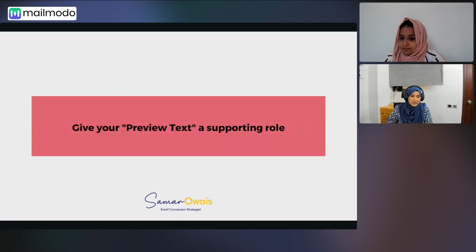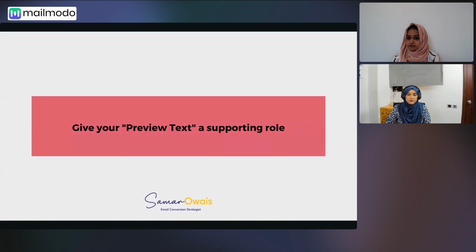Okay. Let's see. Next up is give your preview text a supporting role. Now, the preview text's job is to support the subject line, right? And it definitely shouldn't be the same as your subject line, which is a shockingly common mistake that I see. The preview text is often repeating the same information as the subject line, which pretty much defeats the purpose.